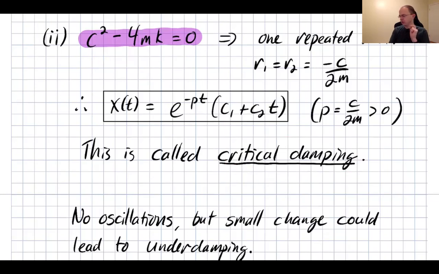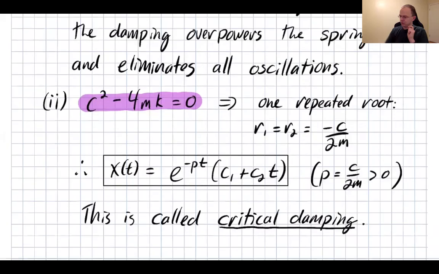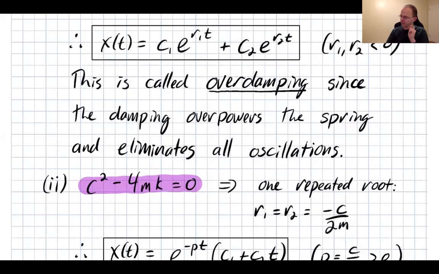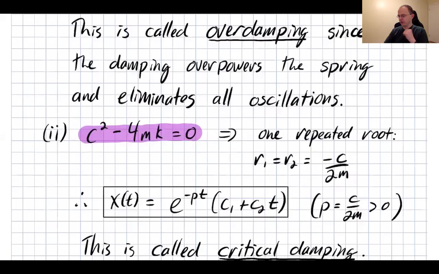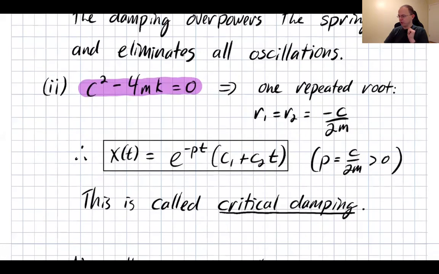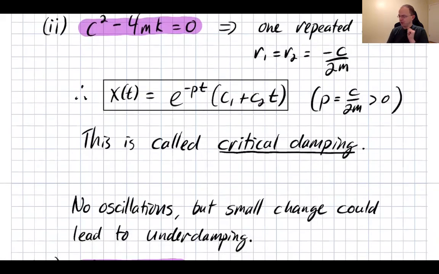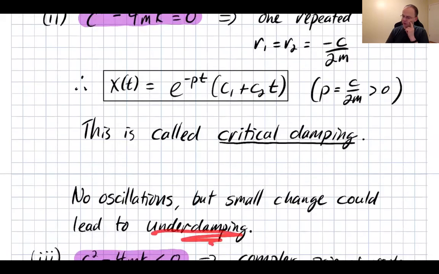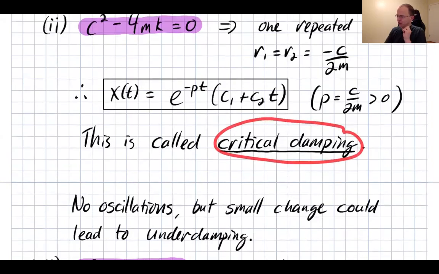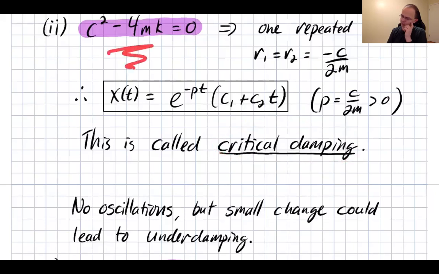If we're just a little bit off from being exactly 0, then we'll either move into this overdamping situation, or we'll move into the next case, which is called underdamping. Underdamping will give us some oscillations in our mechanical vibration. So that's why this is called critical damping.